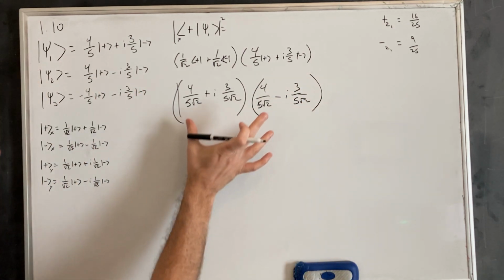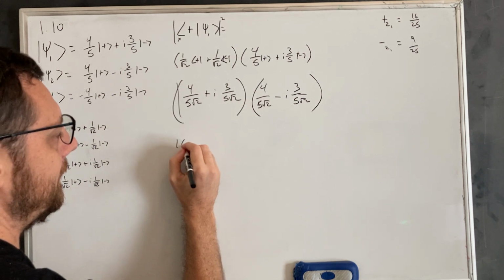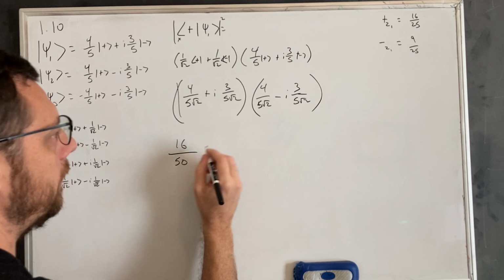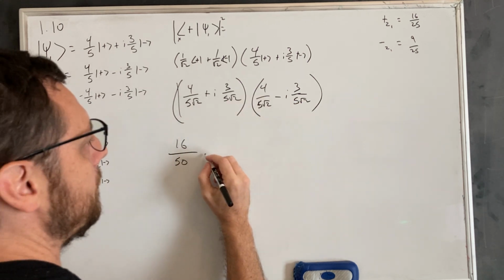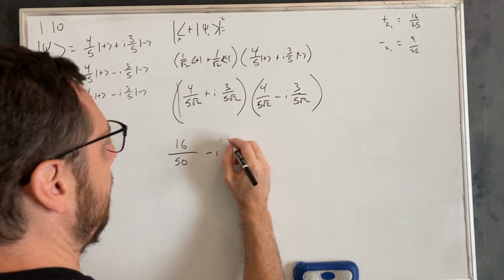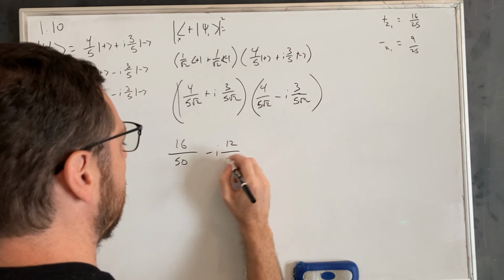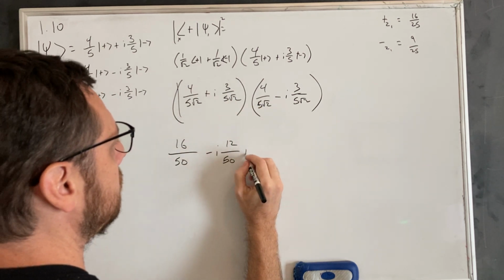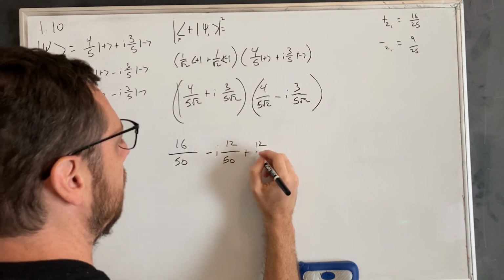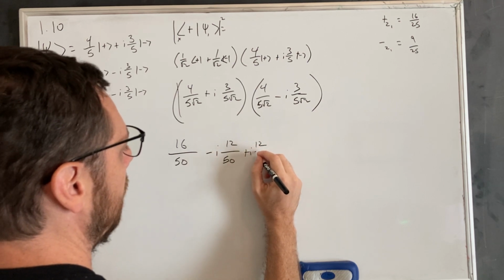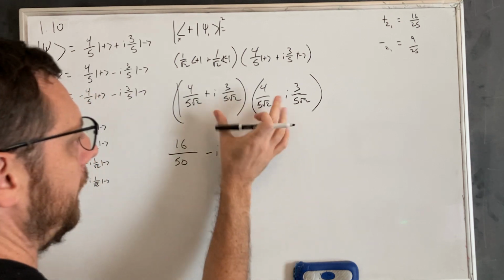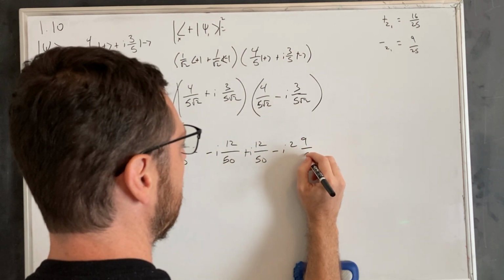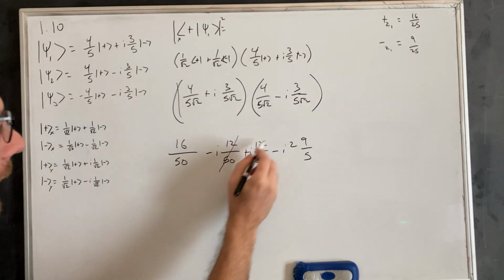We can go ahead and FOIL this out. So we have 16 over 25 times 2 is 50. Then we have a minus i 12 over 50, a plus i 12 over 50, and then a minus i squared 9 over 50. These are going to cancel out.